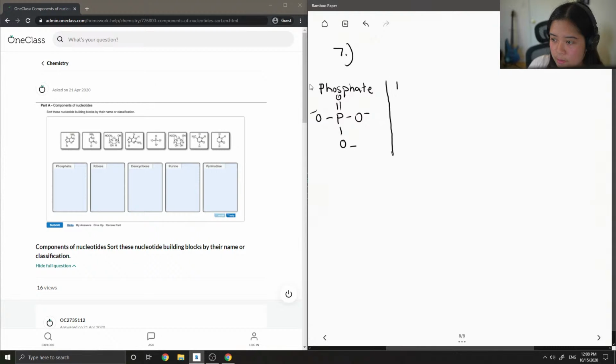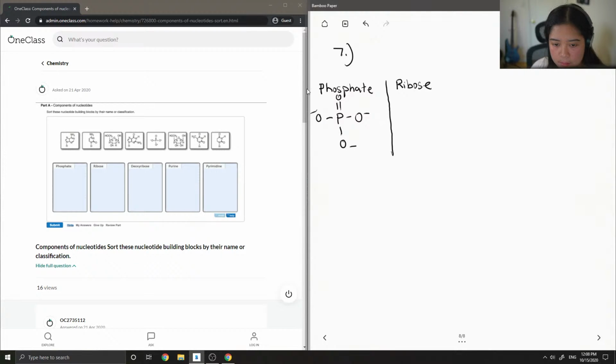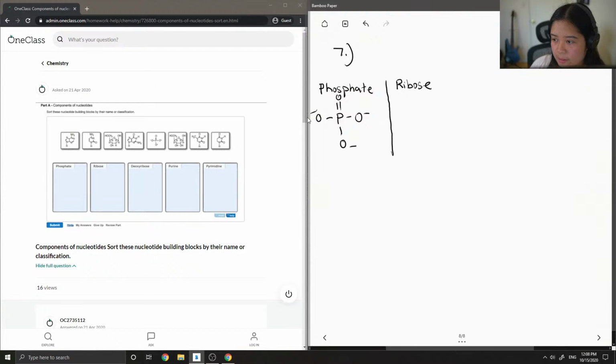Then we're going to draw our ribose, which is this 5-membered ring. So you'll see there's 2 5-membered rings, but ribose is the one that has the extra alcohol group on it.